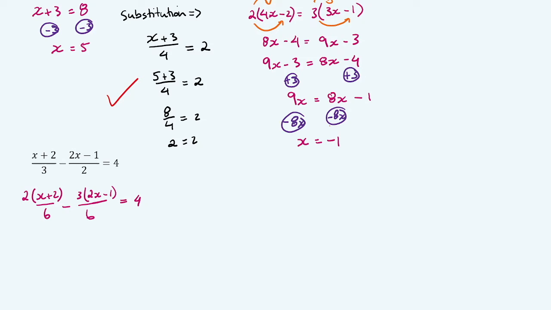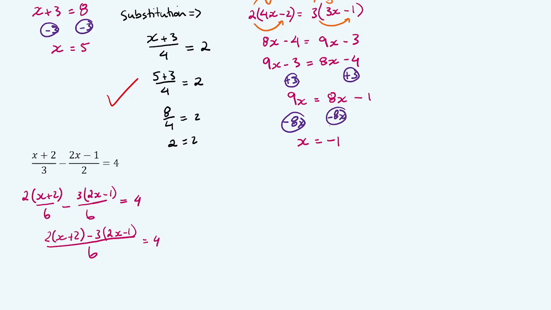And that's all going to equal 4. That denominator is just one thing. So I'm going to have 2 outside of x plus 2 minus 3 outside of 2x minus 1, all over 6 equals 4.